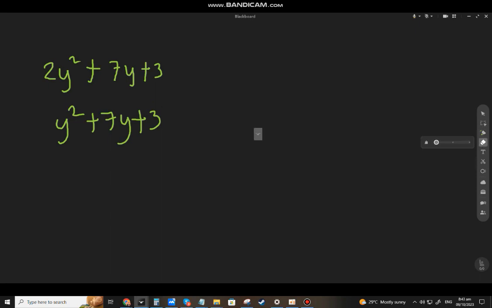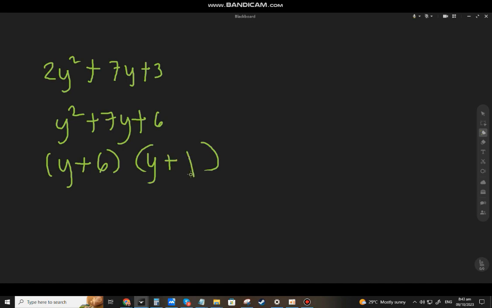Sorry, it should be 6. 2 times 3 is 6. Now we're going to factor them. It will be y plus 6 and y plus 1. And remember the thing that you slide is 2. You put it here as the denominator. Simplify it.